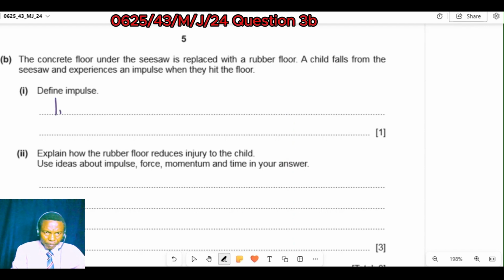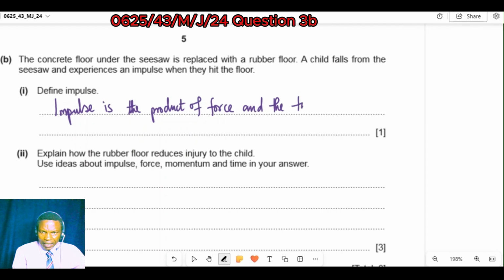Impulse is the product of force and the time for which the force acts.